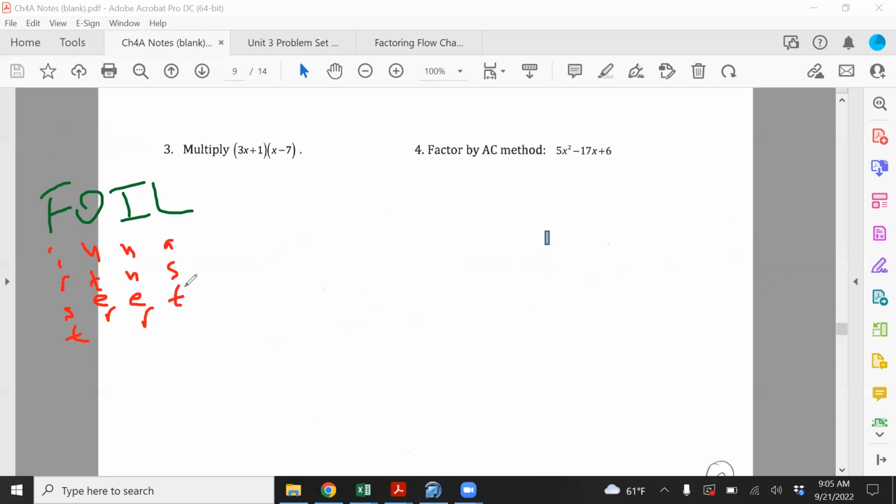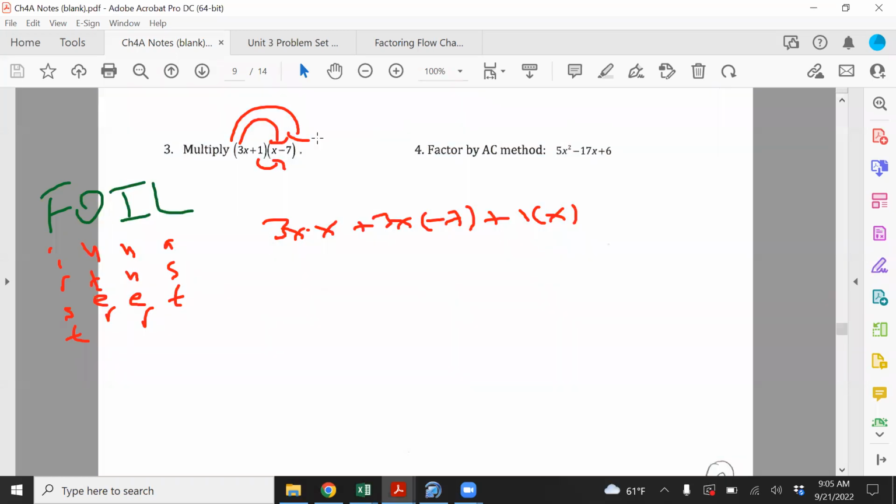First, outer, inner, last. Okay, so let's do it. First is 3x times x. Outer is 3x times -7. Inner is 1 times x. And last is 1 times -7.